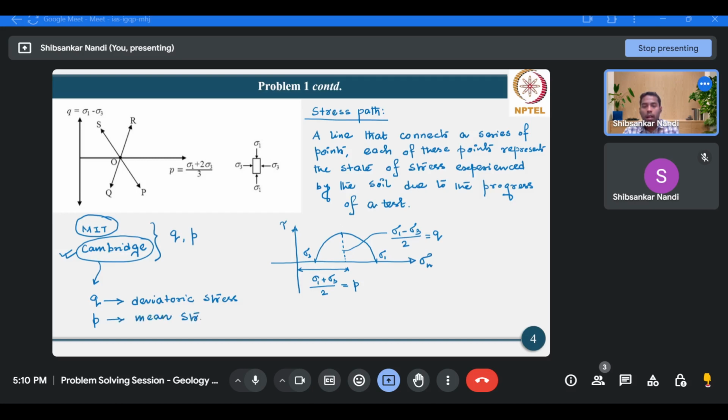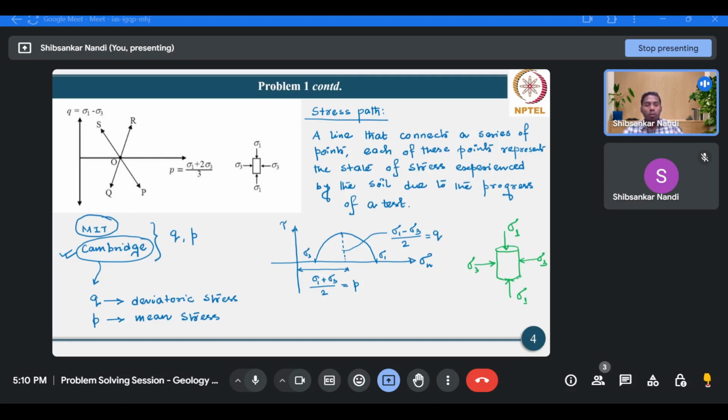Now, as you know, for a triaxial sample, suppose this is the cylindrical sample, it will be subjected to an all-round confining pressure sigma 3 and axial pressure sigma 1.